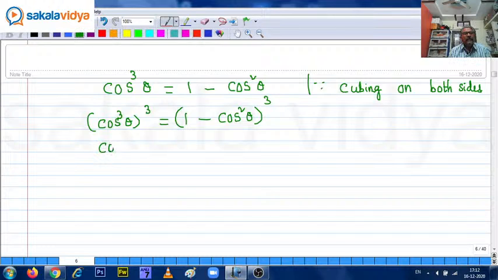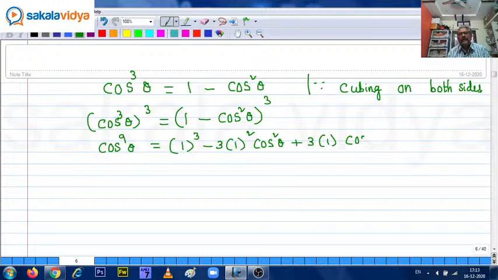So this becomes 1 cube minus 3 times 1 square into cos square theta, plus 3 into 1 into cos square theta whole square, minus cos square theta whole to the power of 6. Am I correct? Yes, thank you.